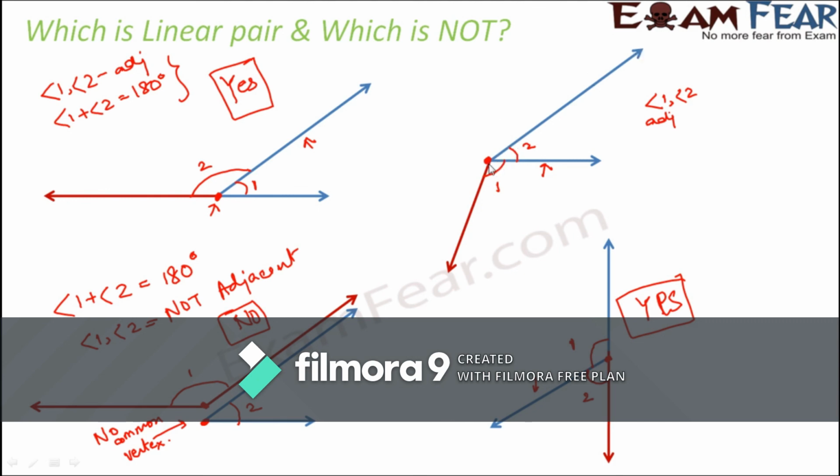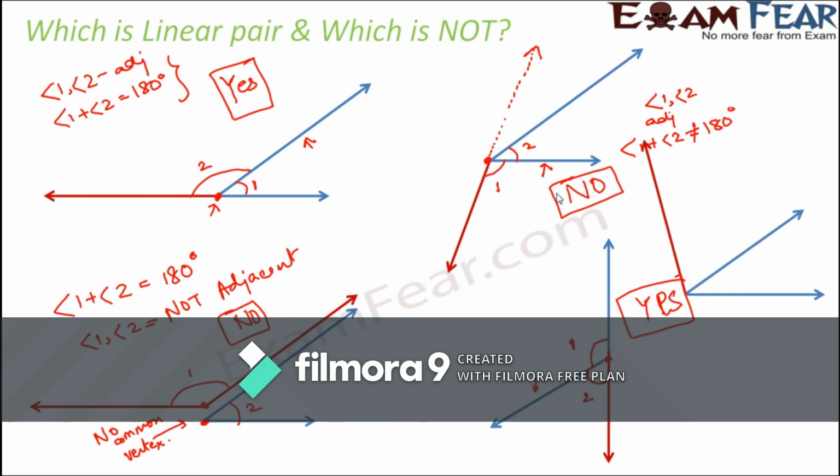Had the ray been running exactly opposite, it would have been somewhat like this. But here it is like this. Therefore, in this case, angle 1 plus angle 2 do not make a straight line, so the sum is not equal to 180 degrees. Here also both the conditions are not satisfied. Therefore, 1 and 2 do not form a linear pair.